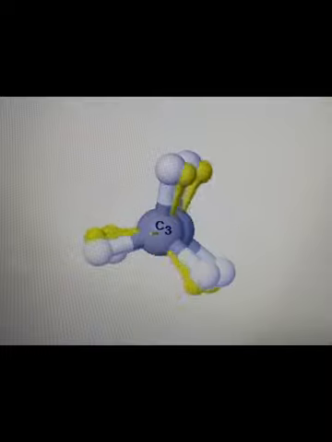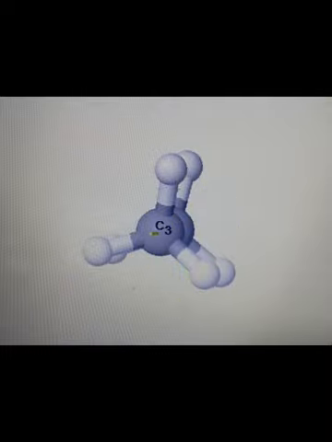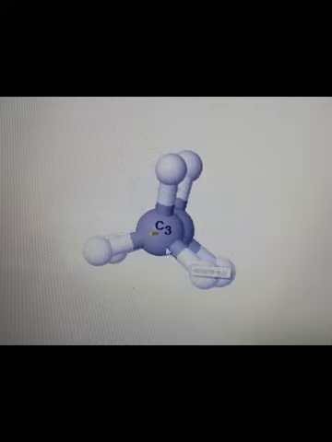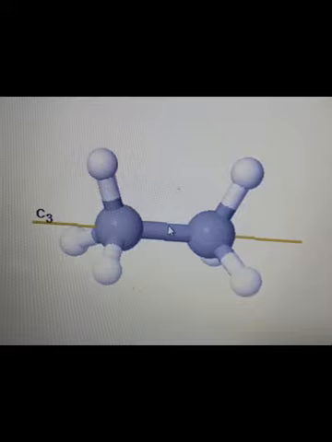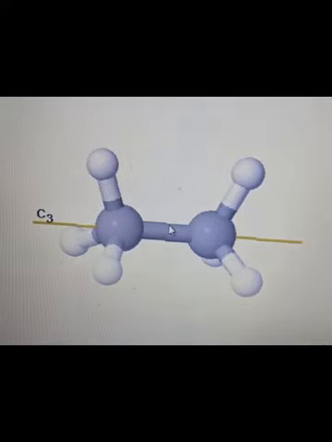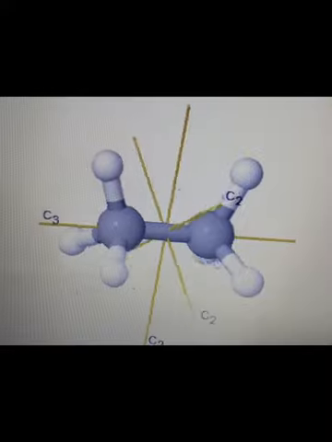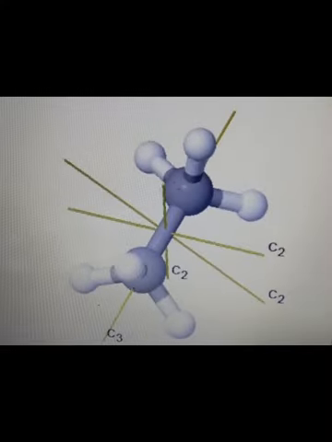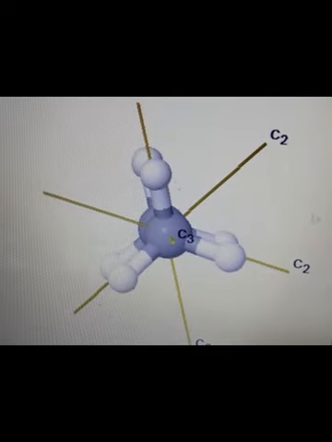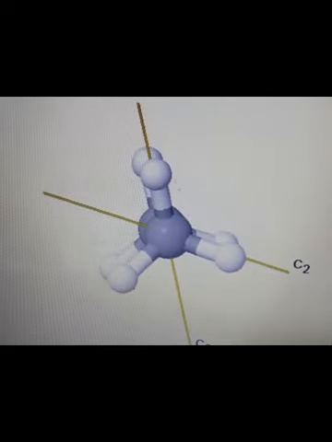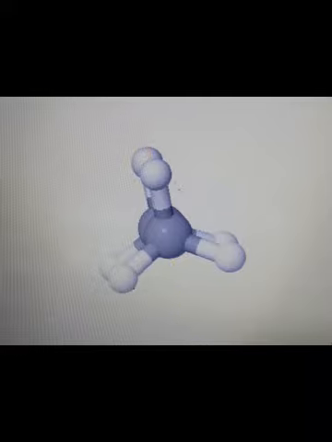C3^1, C3^2, C3^3. For the third time it will give you identity, as we already know. And there are 3 C2s perpendicular, and those 3 C2s will be passing through the center of this carbon-carbon bond, here. Now if you look at each C2, how the rotation is taking place.